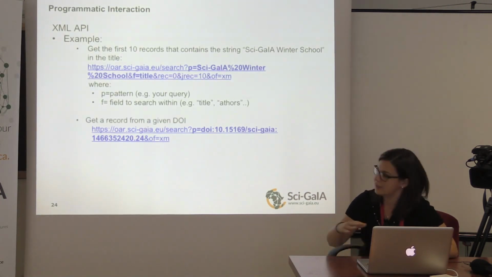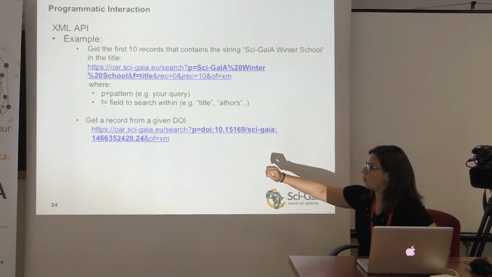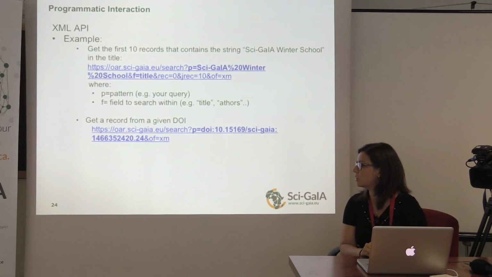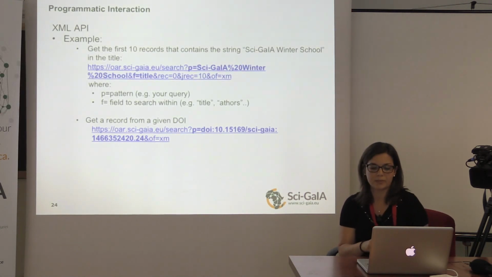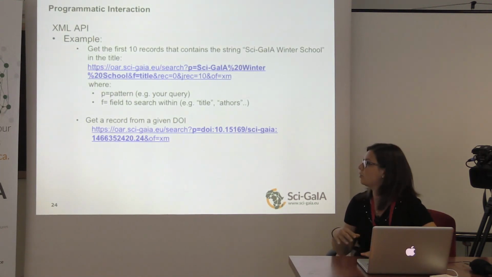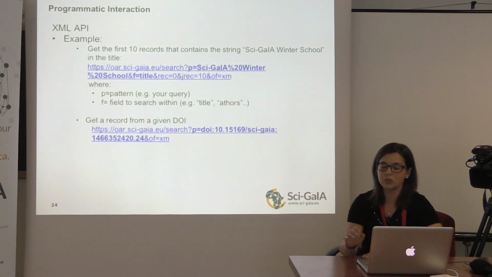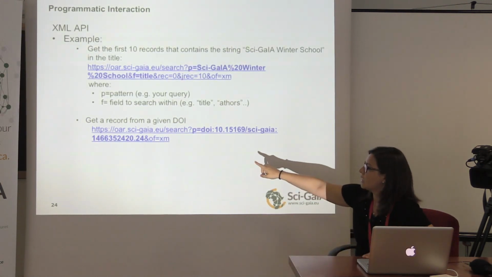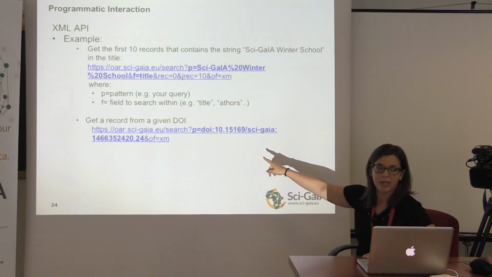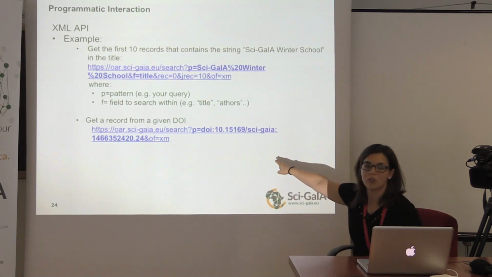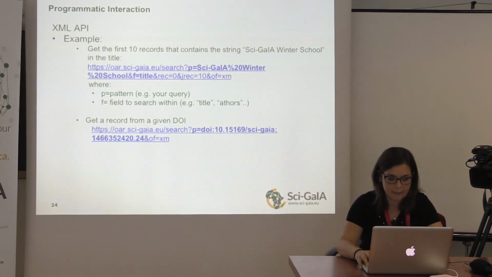Another type of query is this. You can get a specific record using a given DOI. If you have the DOI, you can use it to retrieve all information about this resource. To do this, you have to use this request, where you use the p param, and the value of the p param is DOI colon the DOI of the resource that you are searching.